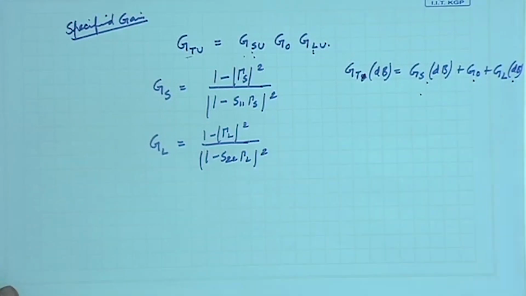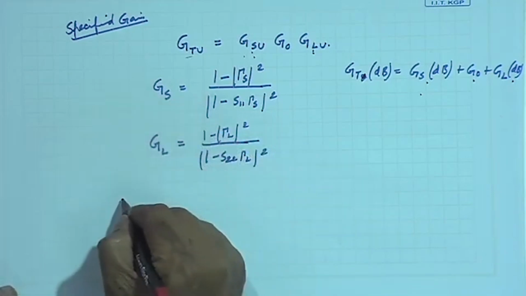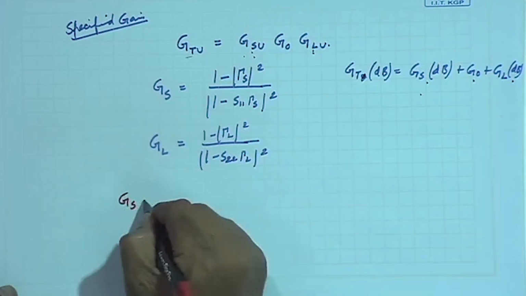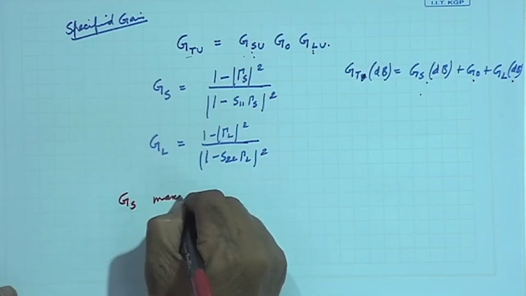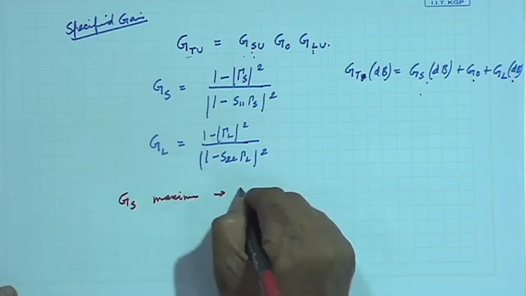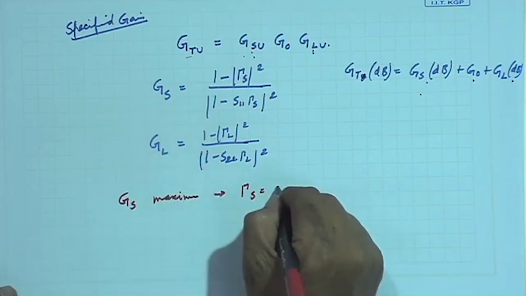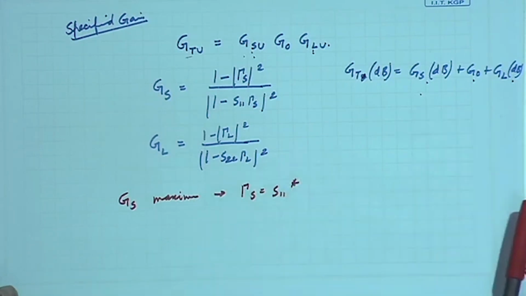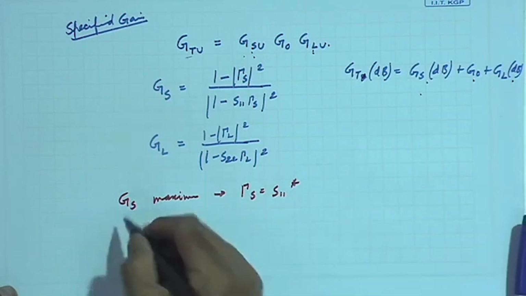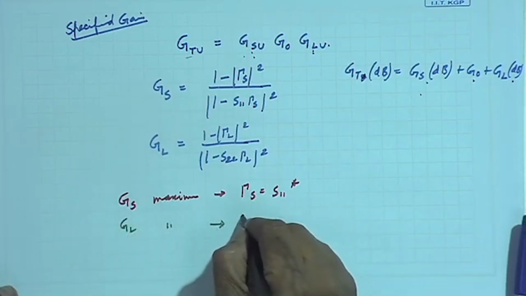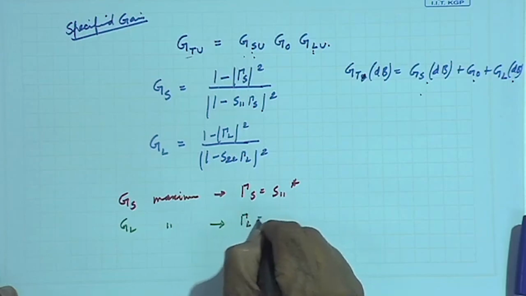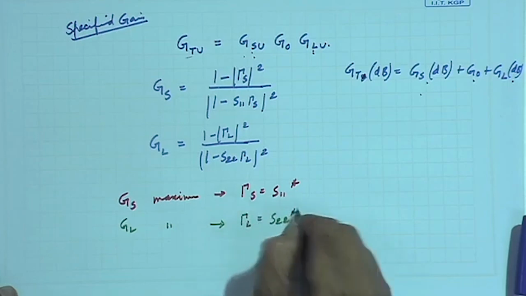Now, this GS value is maximum if I can choose gamma S equal to S11 star. Also, GL will be maximum if I can make gamma L equal to S22 star.